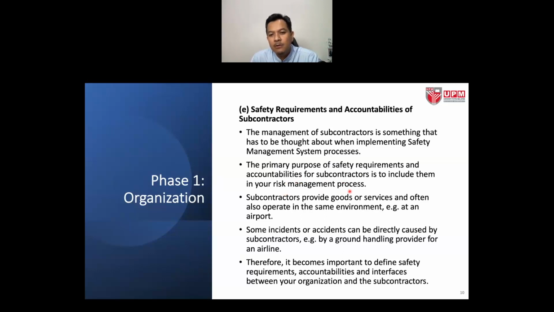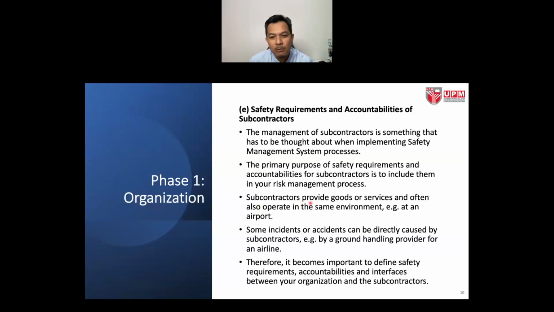Normally, if you conduct processes for an aviation company or manufacturing company, you also get involved with subcontractors. So the subcontractors also need to be included in the risk management process, and you must include them because some of the jobs are going to be conducted by subcontractors.